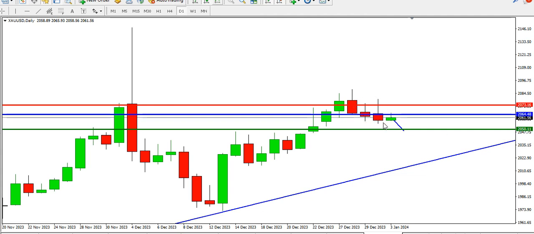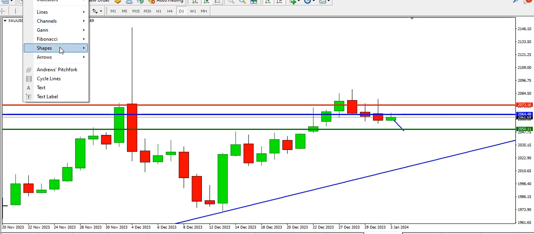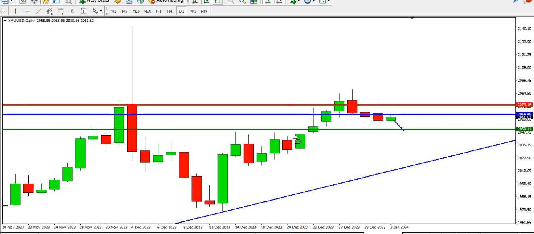But for now, on the daily time frame, what we can see is that the bears are trying to push price downward. So you might want to look at selling the price of gold towards the 2050 area first. Possibly price might find support at this level and move upward. But if price is unable to find support at that level, we have this order block around the 2035 level.